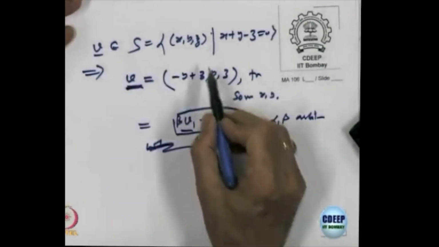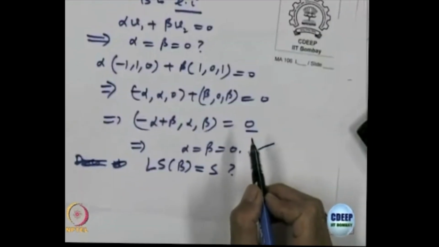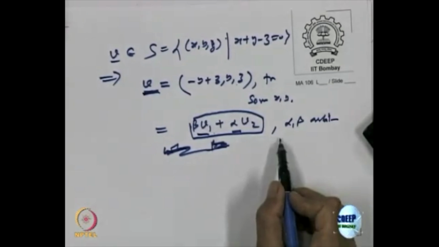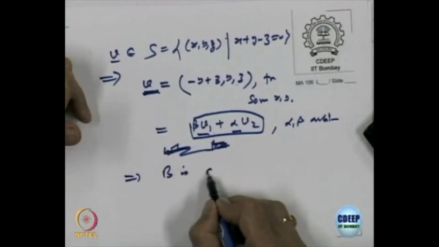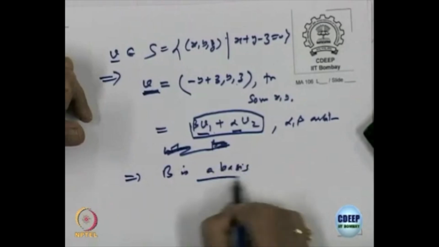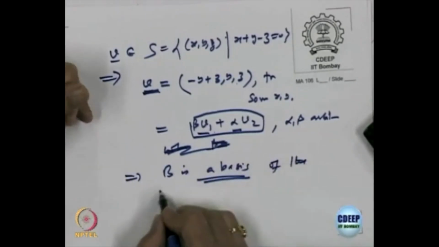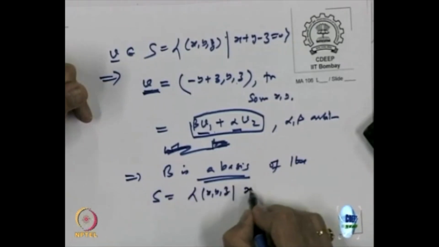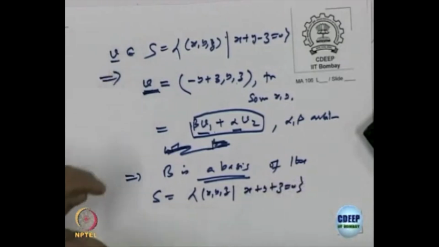So this set B is linearly independent, those two elements are linearly independent and span everything. So B is a basis of the solution set S, which is all x, y and z such that x plus z equal to 0.